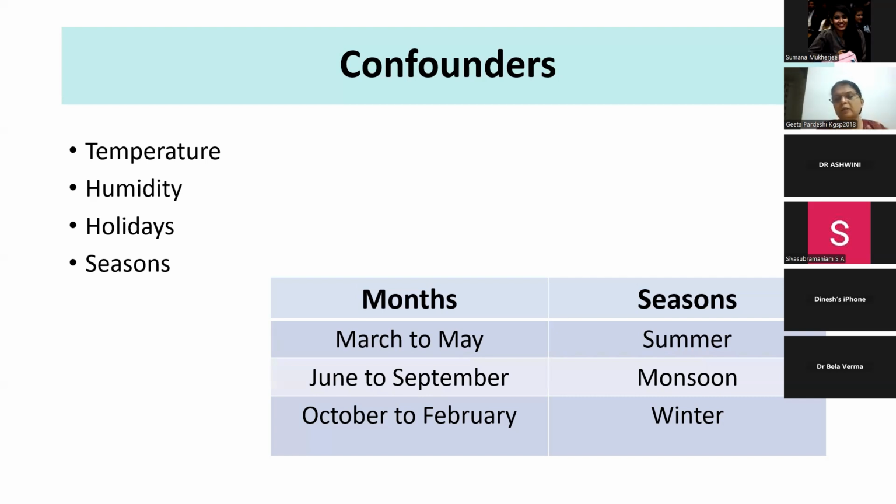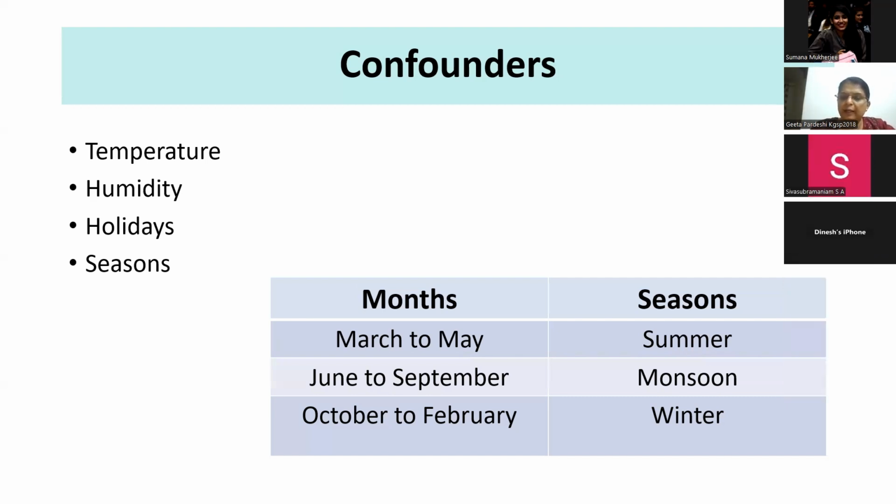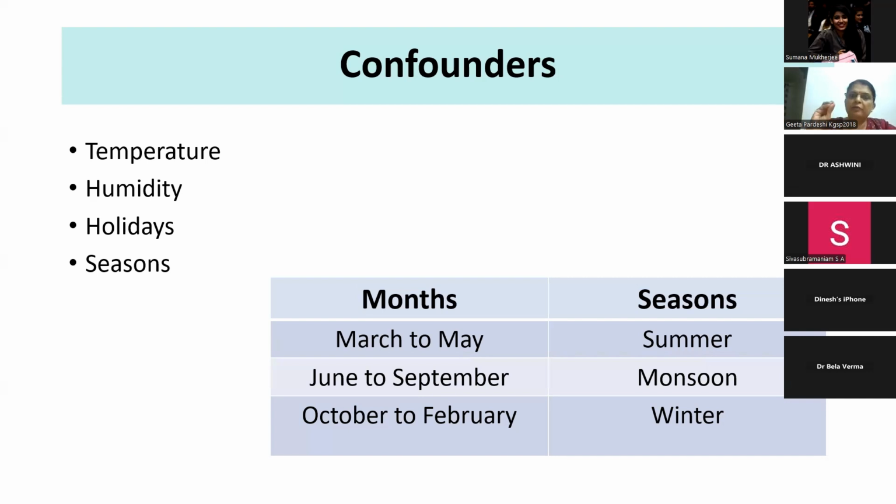We referred to literature, and according to the months, we categorized the days into different seasons. March to May we considered as summer, June to September as monsoon, and October to February as winter. This will come in your methodology, that these are our confounders. This is how we define and categorize our confounding variables, right?